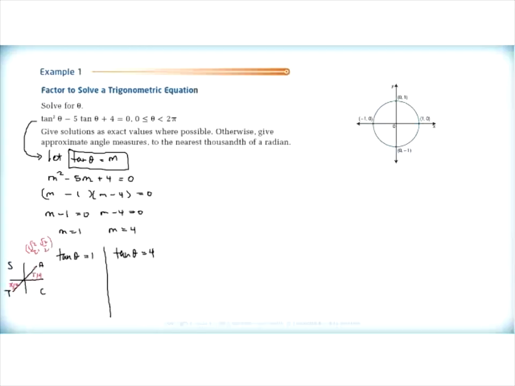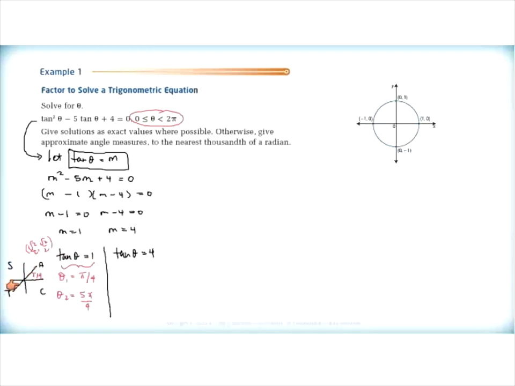So if I'm looking for my values of theta between 0 and 2 pi, then tan theta equals 1. I'm going to get one answer at pi over 4. And I get another answer at 5 pi over 4. If you look closely at where I got that, pi over 4 is one answer.